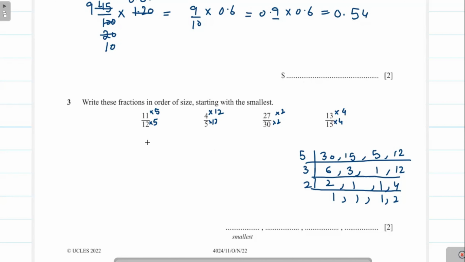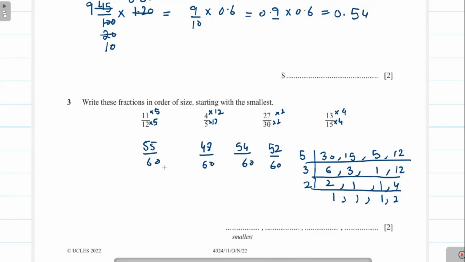Therefore, you see here, these values are 55 over 60, and 12 4s are 48 over 60, and 27 2s are 54 over 60, and last is 52 over 60.